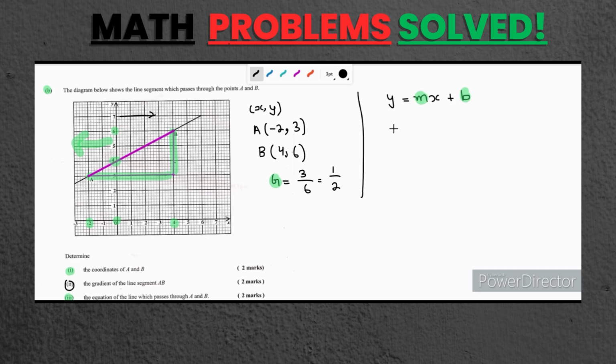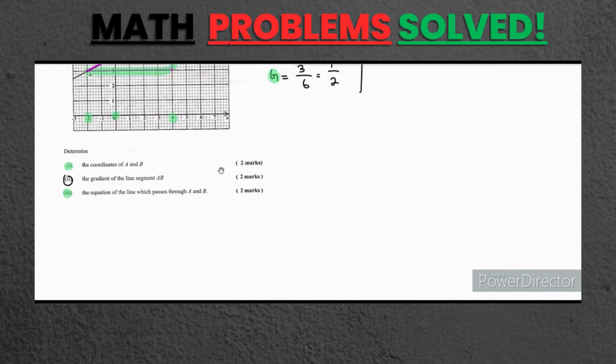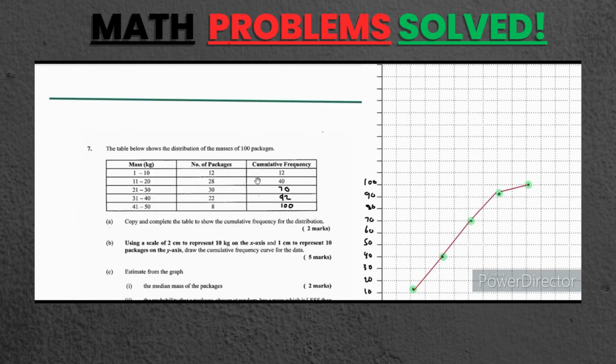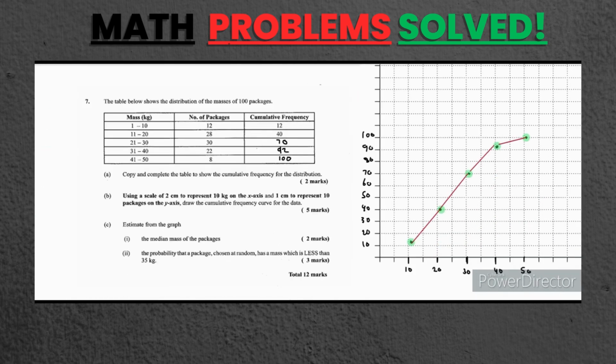So what will be the equation of the line? The equation of the line will be y equals 1 over 2 x plus 4. So this equation is the equation of the line segment AB, right? Then we will look at the next question.